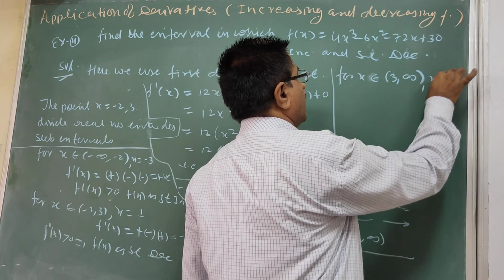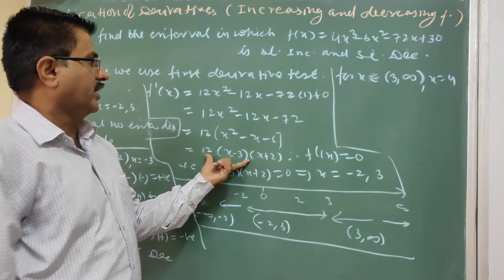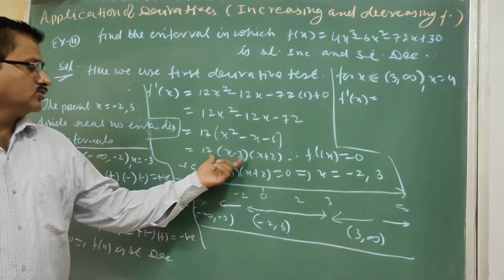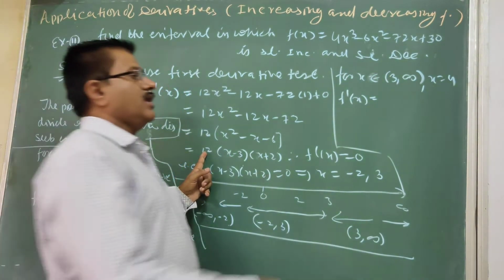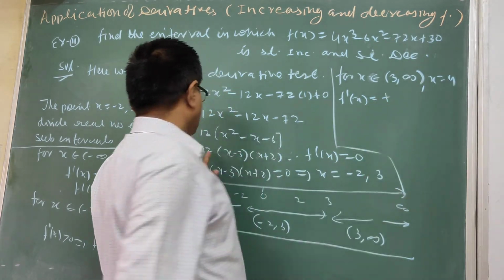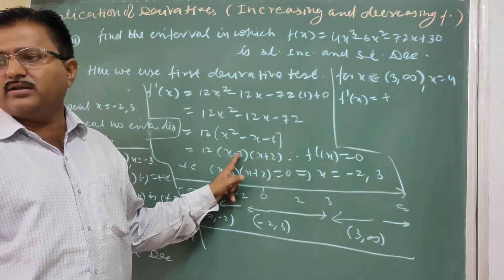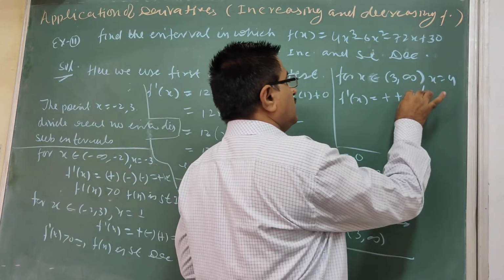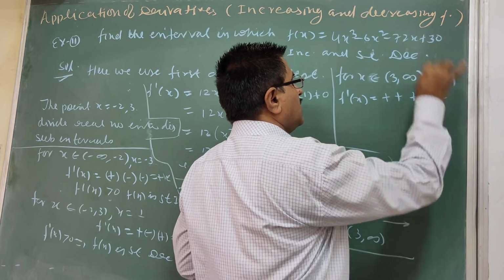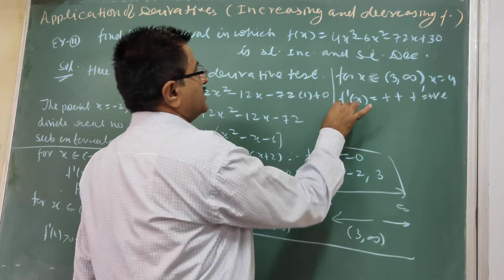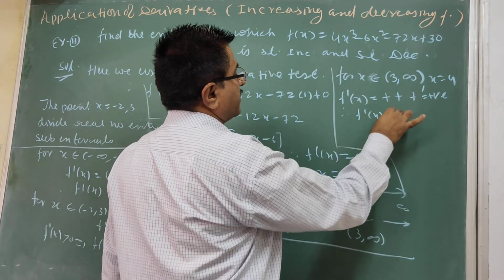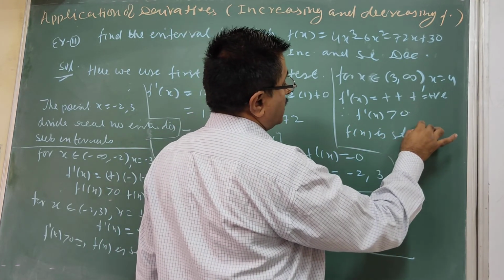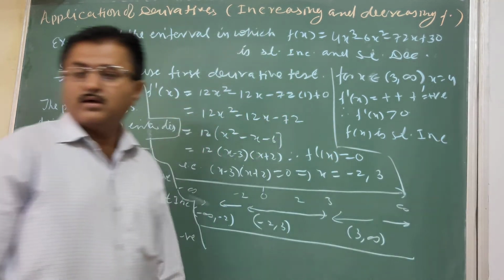If you take x equal to 4 and substitute here, you can see the sign of the derivative only. So 12 is positive, 4 minus 3 is 1, that is also positive, then 4 plus 2 is also positive. Overall this is positive. So therefore f dash x is greater than 0. So fx is strictly increasing, right?